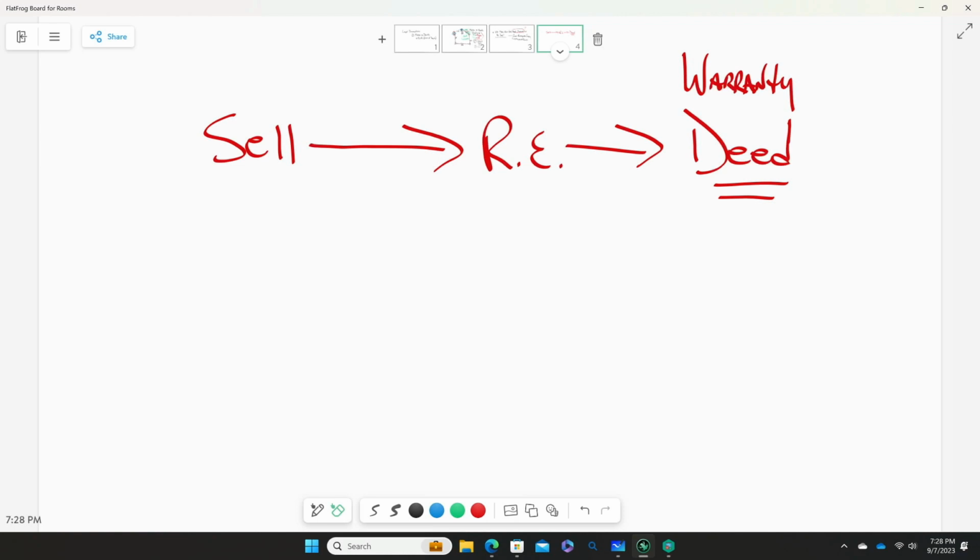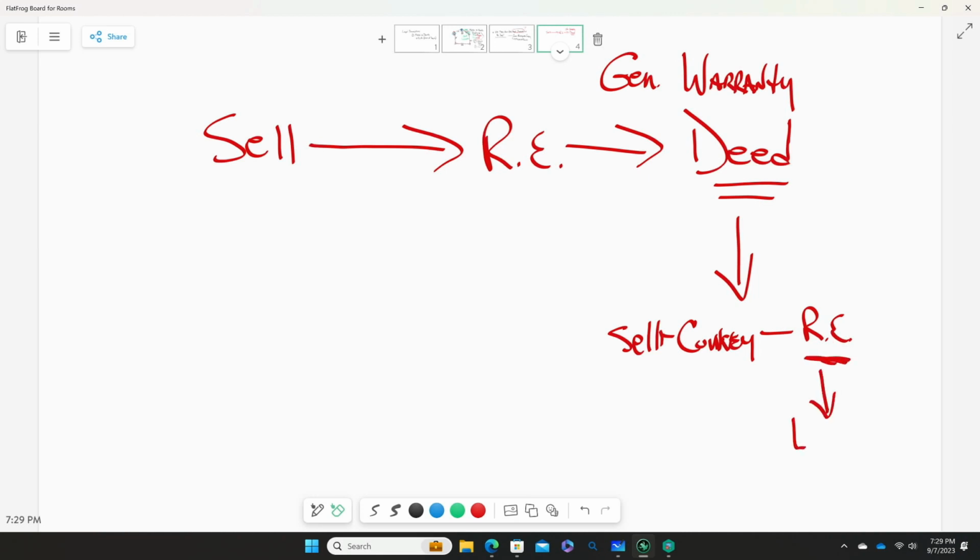There are quitclaim deeds and so forth, but this is the best type of deed you can have. On this deed, you're going to sell, convey, or give the real estate that you own, and your real estate is identified by a legal description. So on the deed will be the legal description that is actually conveying the real estate to the new owners.